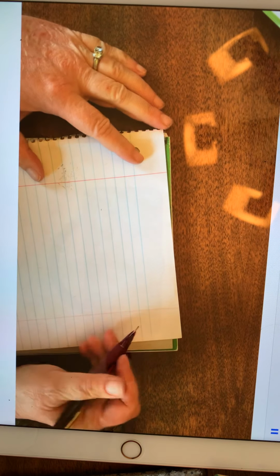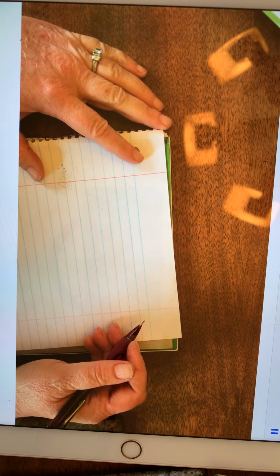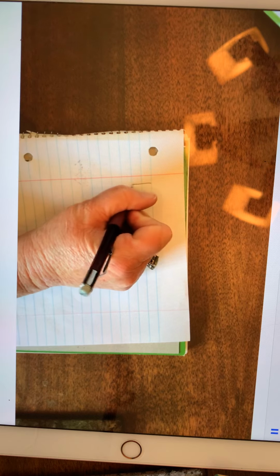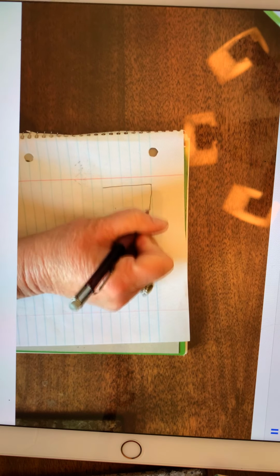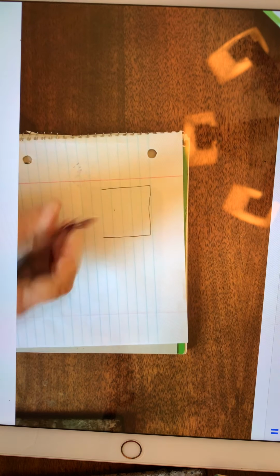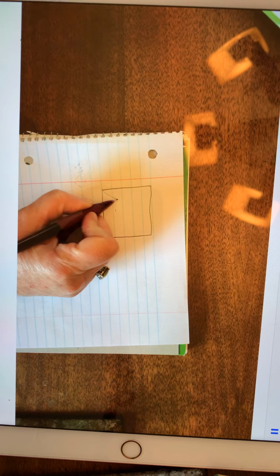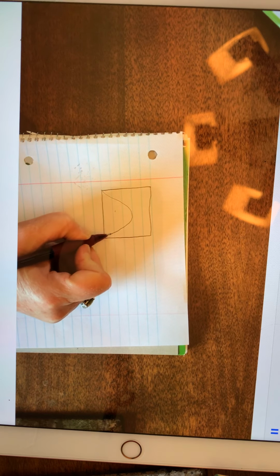So we're gonna draw 3 graphs and we could draw them like this. Let me see, I'm gonna try to keep straight, so I'm gonna move my chair. Okay, so we're gonna draw a box. And in that box, what I want to do is just draw a regular old bell curve.